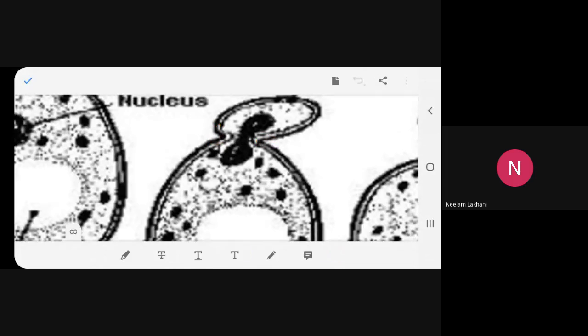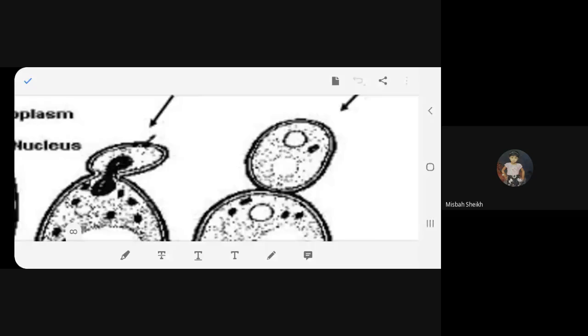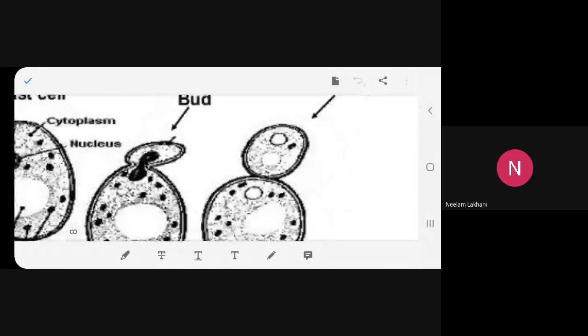But here, you can see the wall has formed. So that means it is behaving like a new body. So babies are formed from the parent.